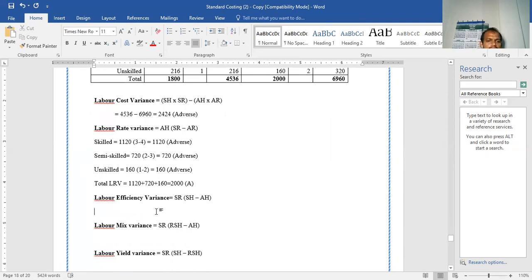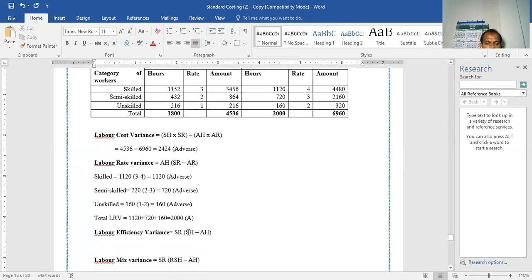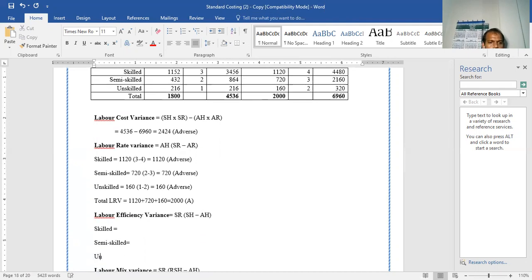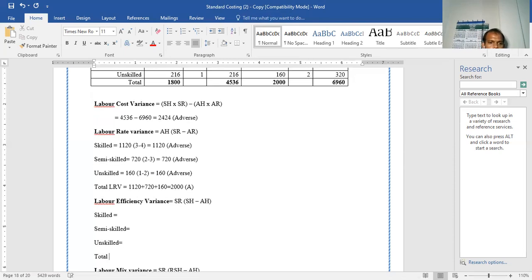Now labor efficiency variance. Efficiency variance is nothing but the difference between standard hours and actual hours. How efficiently the labor worked: skilled labor, semi-skilled, unskilled, and total labor efficiency variance.